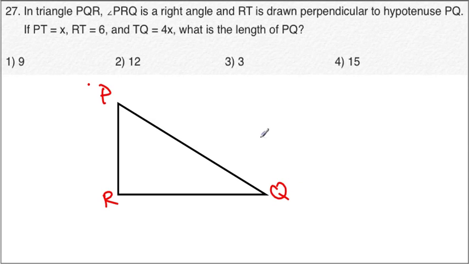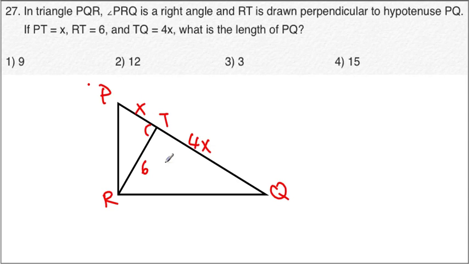So let's call this one as PQ, and this is equal to T. Now PT is equal to x, RT is equal to 6, and then TQ is equal to 4x. What is the length of PQ?